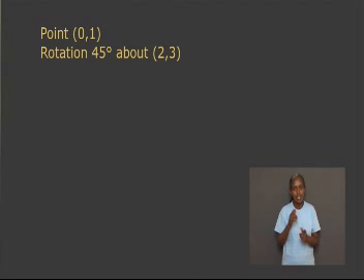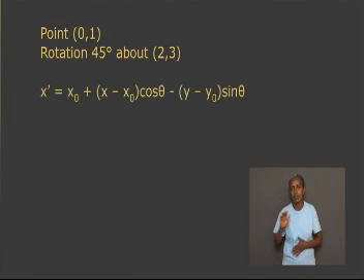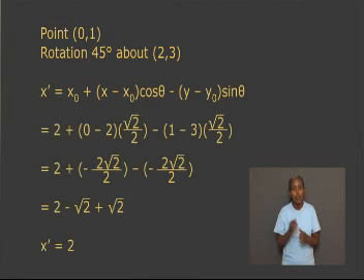As an example, we will find the image of a point at 0 and 1 after it has been rotated 45 degrees around a point at 2 and 3. If we use the formula that we learned a moment ago, we can substitute the values to make this equation for x prime. Performing the correct calculations, we find that x prime is 2.